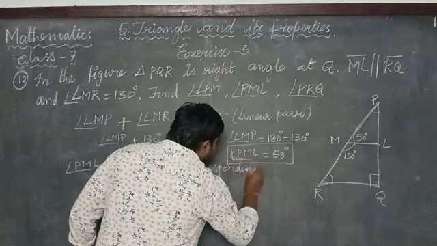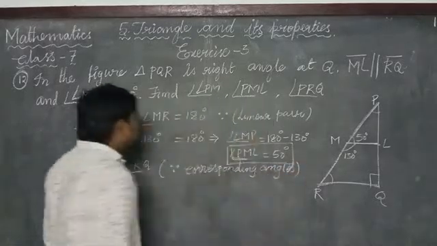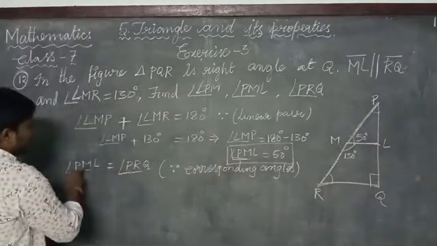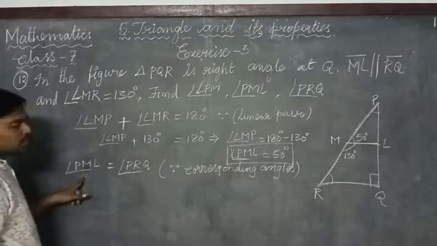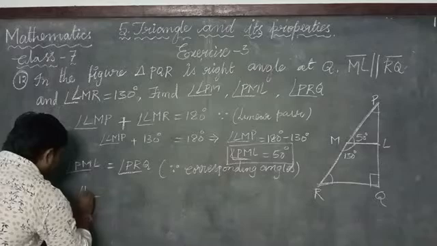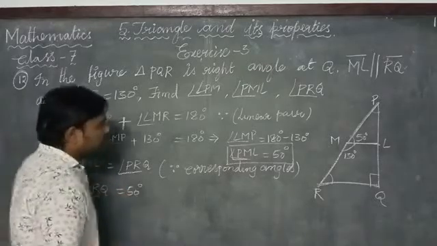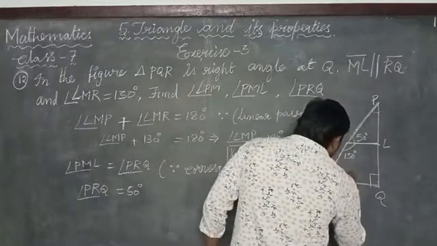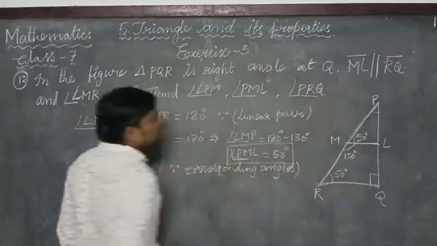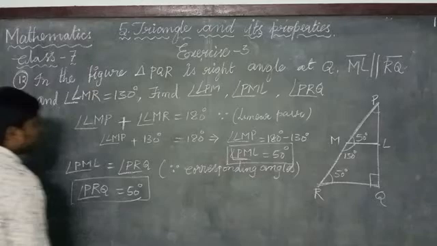What is angle PML? Angle PML equals 50 degrees, then PRQ equals 50 degrees. This is the value we have to find. Angle PRQ equals 50 degrees.